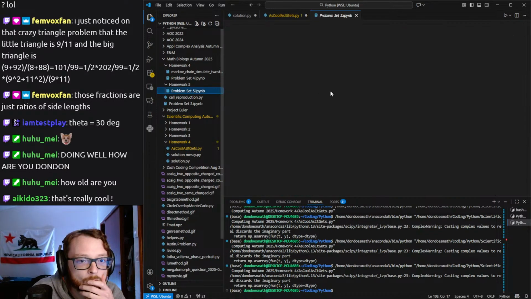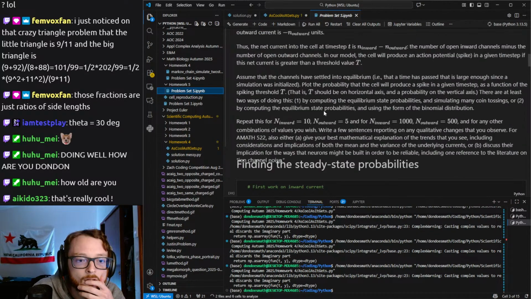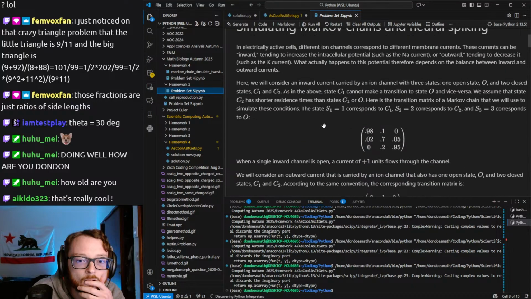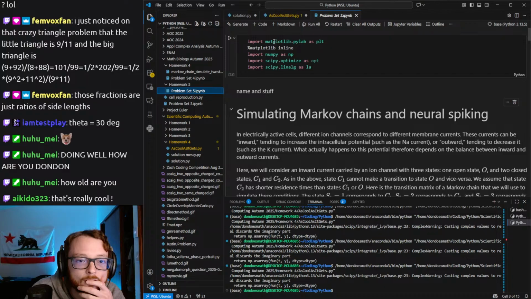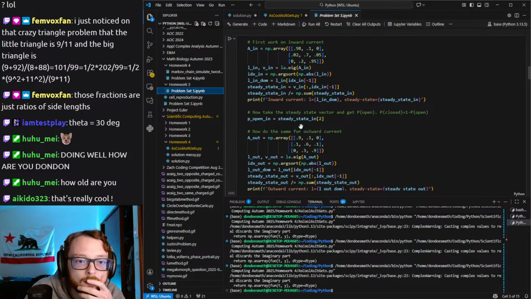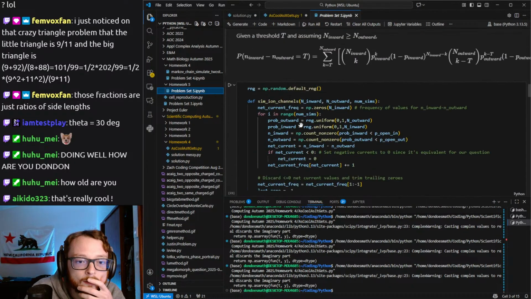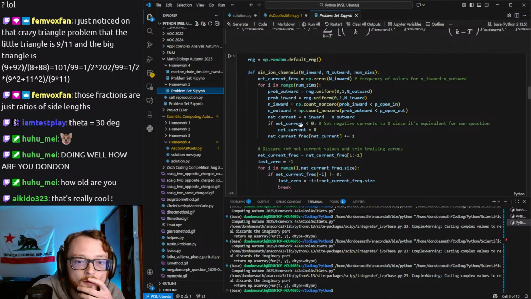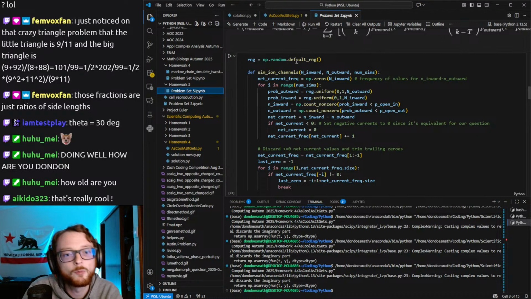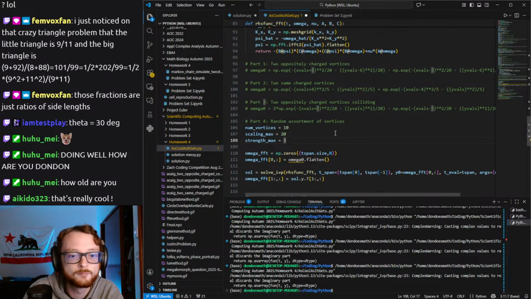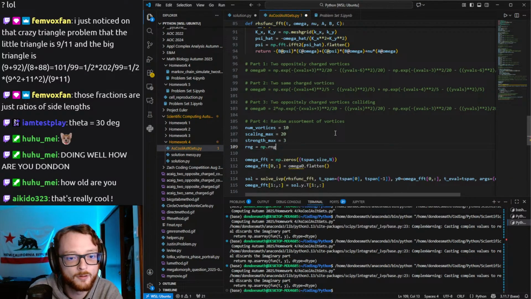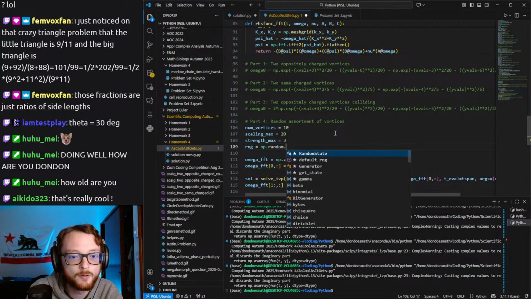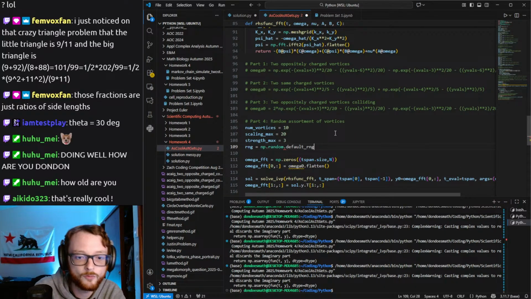We're doing randomness in this homework. Yeah, Markov chains. That has randomness. NumPy. There we go. That's what we want. Dot random? Dot default RNG.